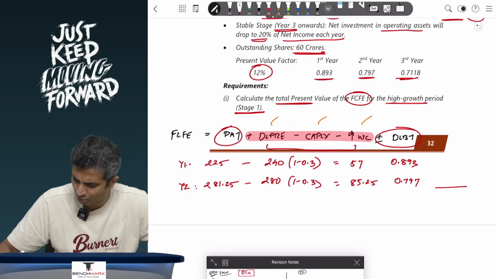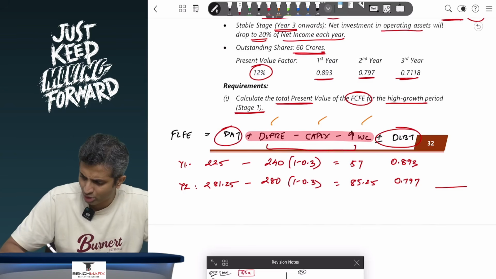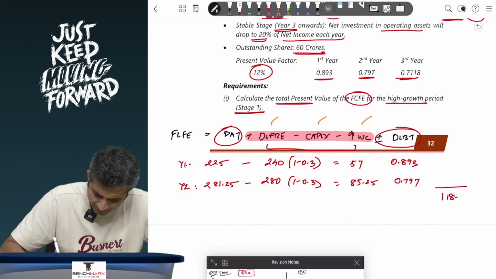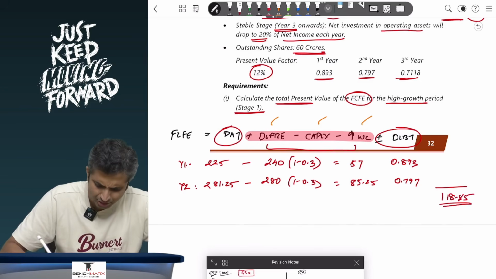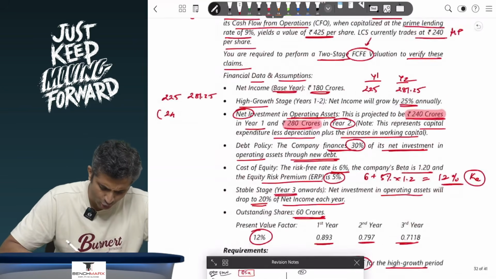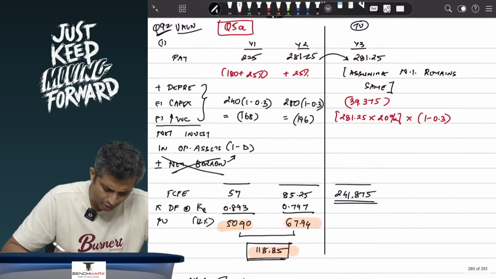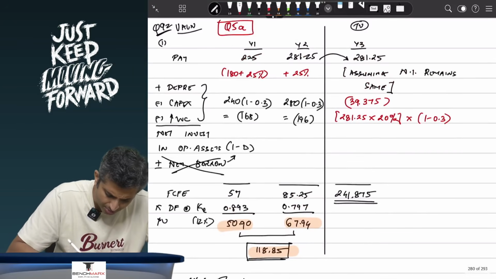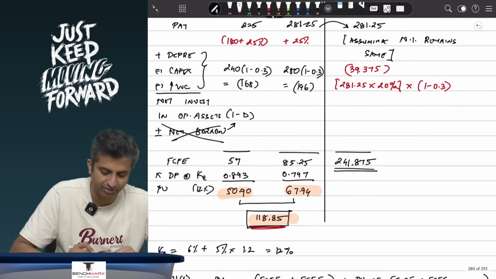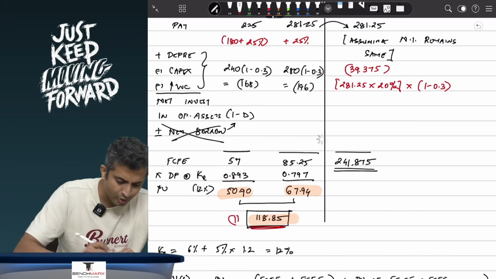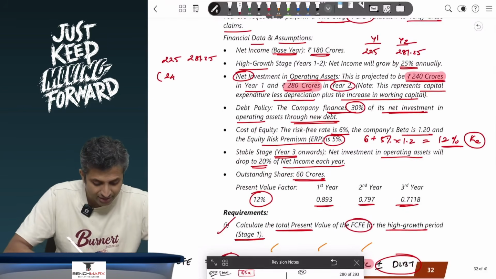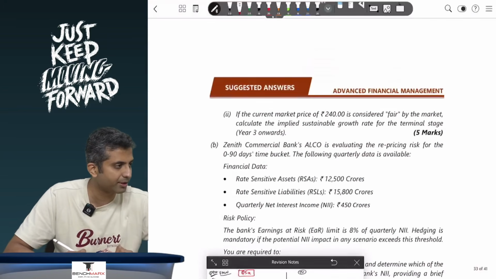So 57 into 0.893 and 85.25 into 0.797, and this comes to around 118.85. Approximately, subjected to certain degree of rounding off differences. So over here, if I look at this particular value, ultimately this will come to 118.85. This is the answer to the first part. Okay, so these are relatively easy marks, I would say, for a change in this paper.